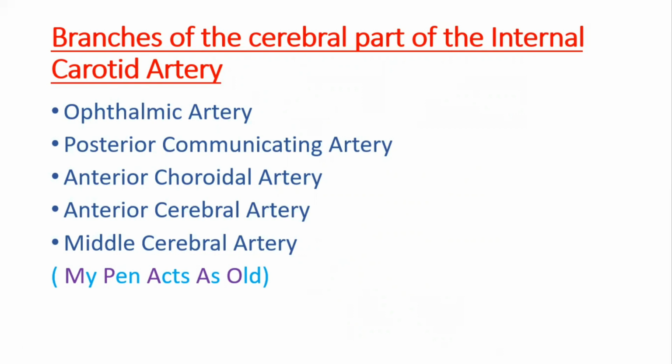These branches are the ophthalmic artery, posterior communicating artery, anterior choroidal artery, anterior cerebral artery, and middle cerebral artery. Remember, for the basilar artery we have two cerebellar arteries, and for the internal carotid artery we have two cerebral arteries, anterior and middle cerebral arteries.